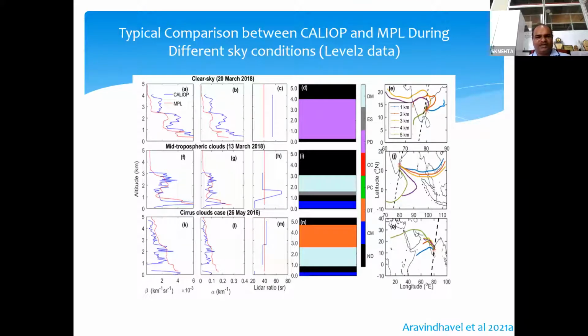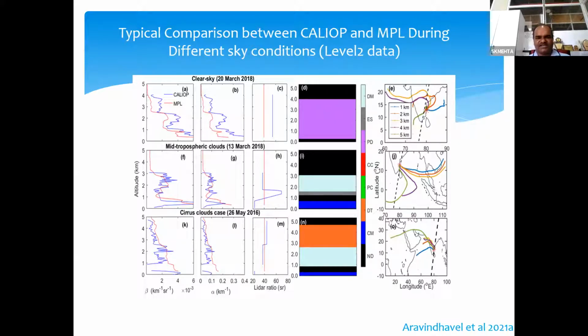So we get some connection, but we cannot just point to the lidar ratio only, because again complexity comes from what type of atmosphere we have at that time, because the two observations are separated by 90 kilometer. So then we do not know the atmosphere between the two, because that will also cause variability in the aerosol profile.